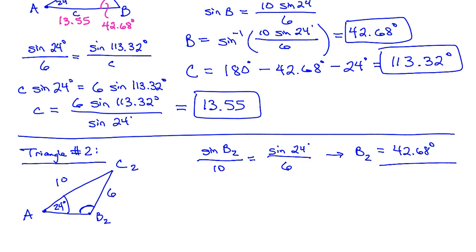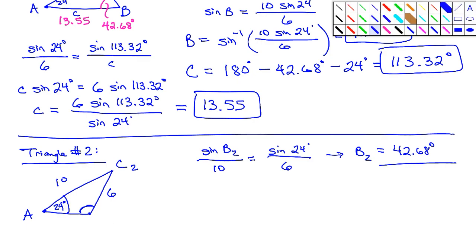Well, let me move this over here a little bit. The trick is to recognize where this angle actually came from. If I draw in the rest of what the triangle should have been from the previous part, then this side would have been 6 as well. And the angle B that we got is this one right here.